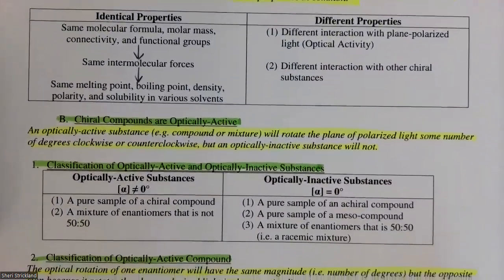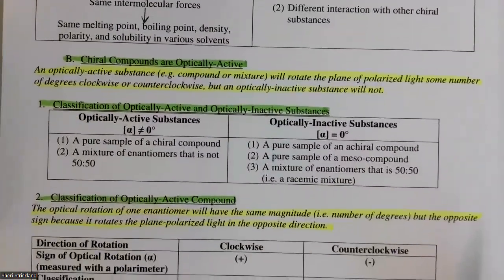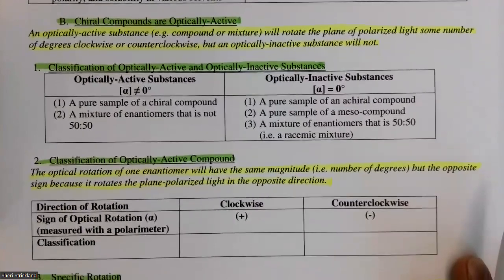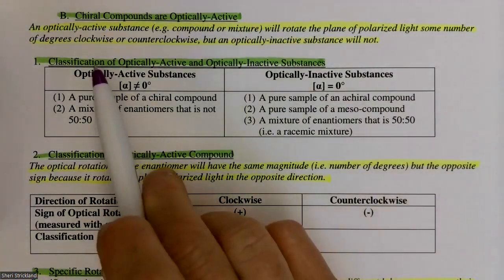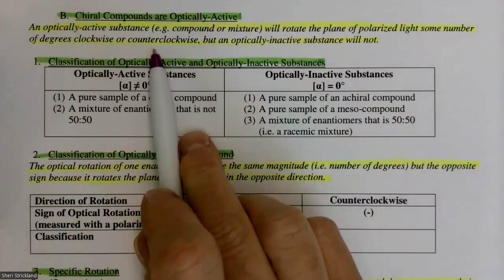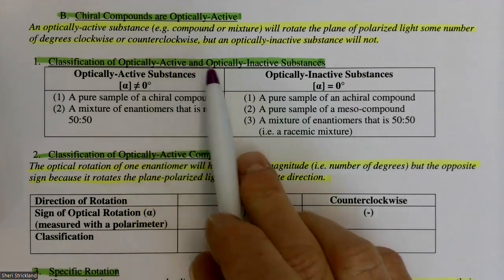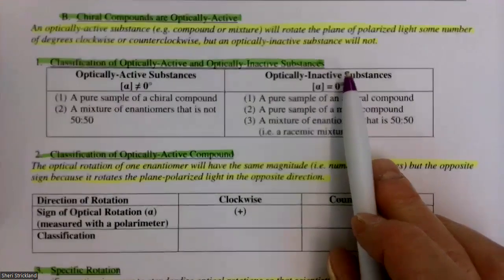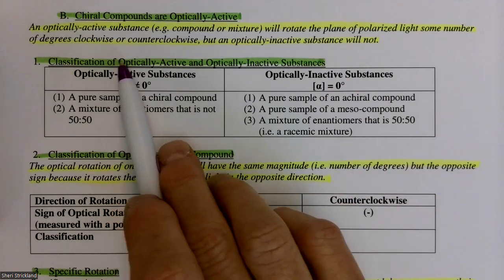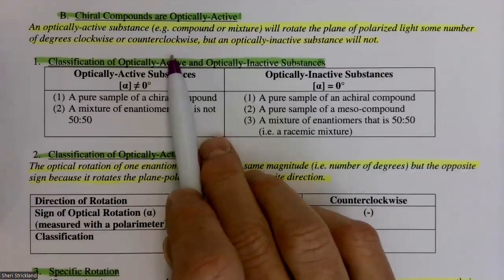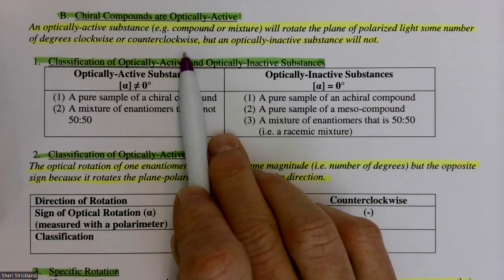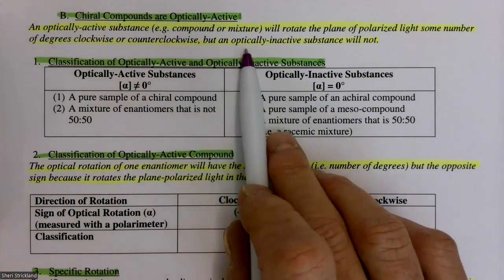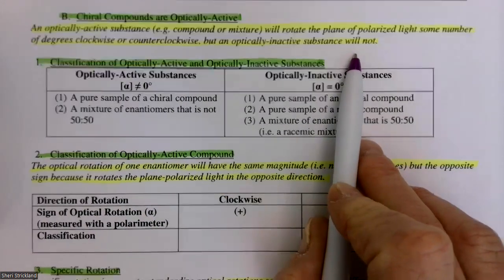All right, so the thing about chiral compounds in general is that they're optically active. And an optically active substance, either a compound or a mixture, will rotate the plane of polarized light some number of degrees clockwise or counterclockwise in an instrument called a polarimeter, which we'll take a look at in lab. An optically inactive substance will not.